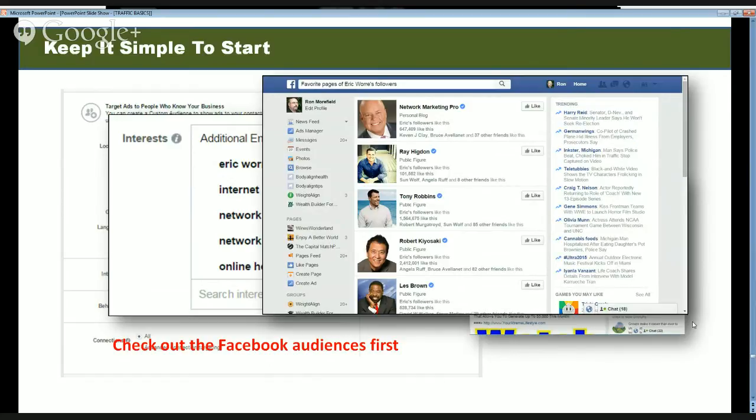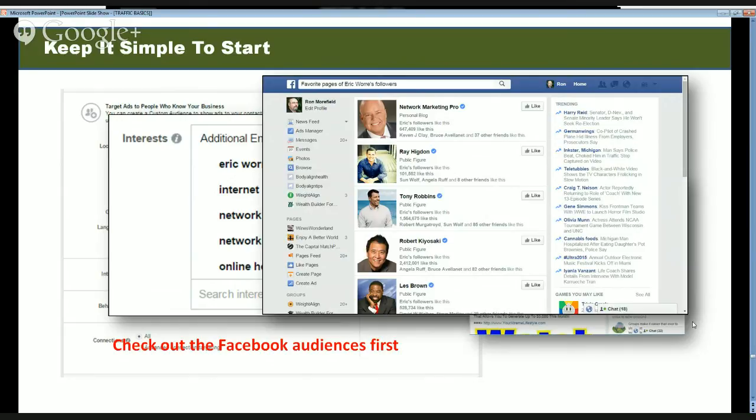Okay, so your ad has got to say MLM in it somewhere. Okay, and now they're going to be interested because they follow Eric Worre. They're going to be interested. Okay, but now in the search, you can say something like, show me the favorite pages of people that follow Eric Worre. And when they do, you can see what comes up.